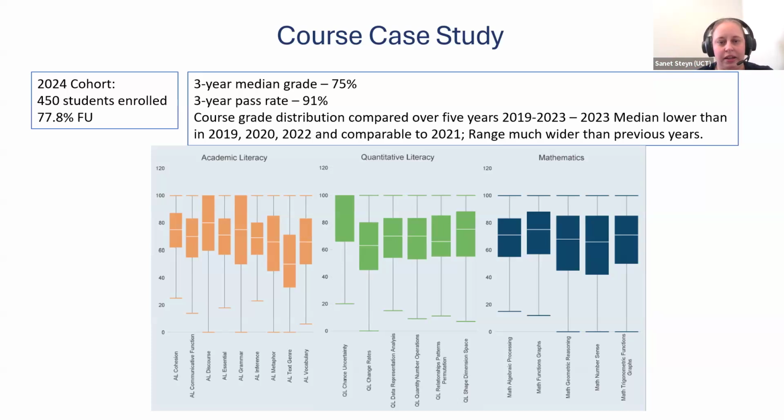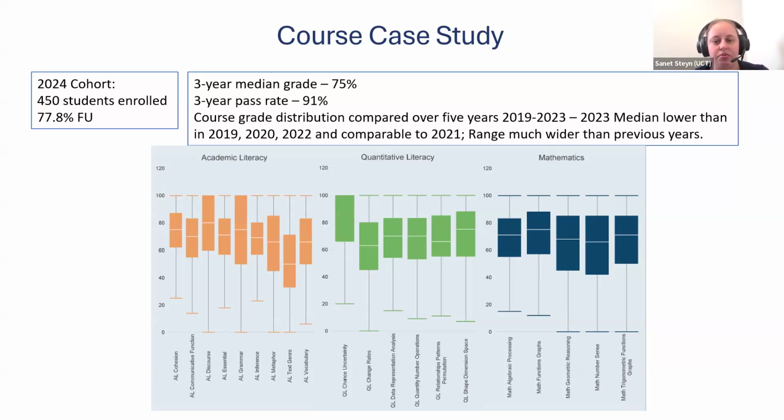So for example, in the one we're looking at here, you can notice that text genre is one of the subdomains in the academic literacy that has a fairly significant dip in that median compared to the other medians that are there. So that's the only one that's closer to the 50%. That means that 50% of the class performed below 50% on all of the items related to that particular skills area.